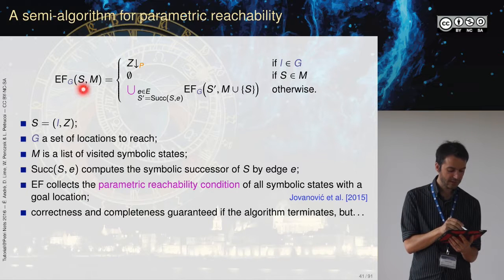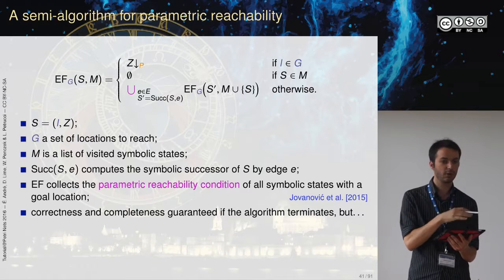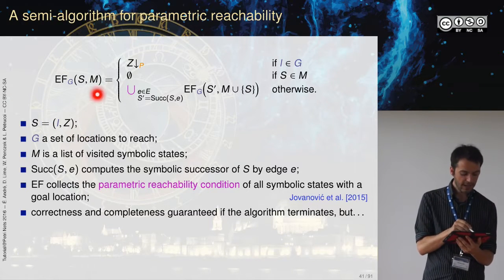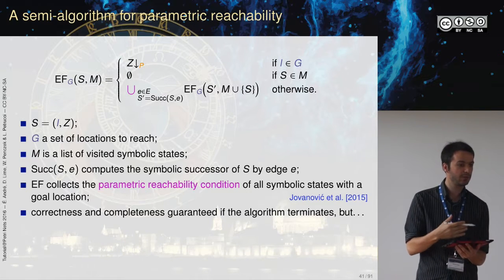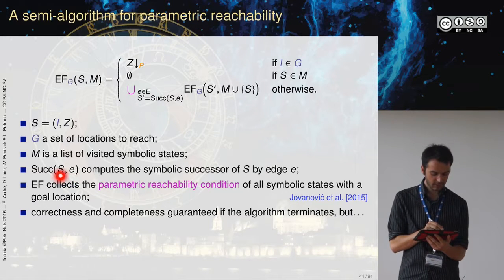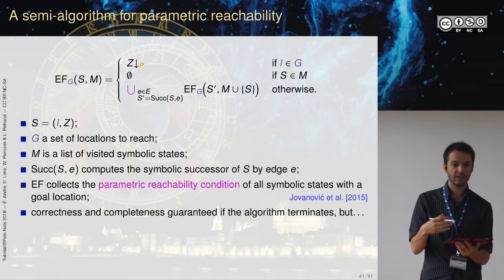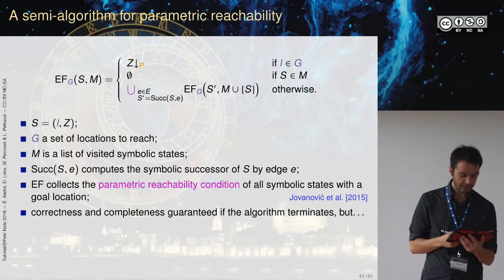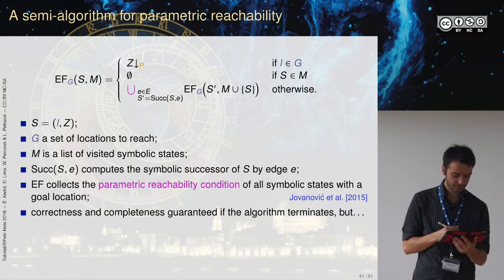S is a current symbolic state. You remember a symbolic state has a discrete part, L, and a continuous part on clocks and parameters. M is a list of visited states. It's just to avoid visiting the same state two times. And suc of a state and an edge will compute the only symbolic successor of the state via this edge.